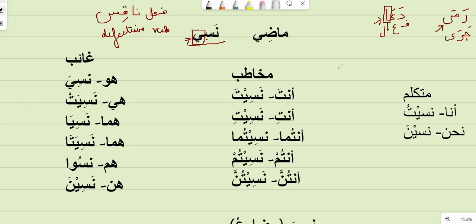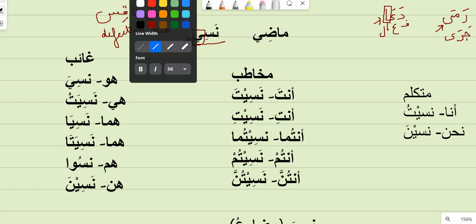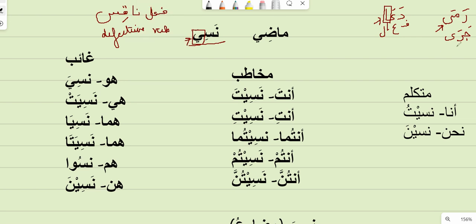But another point, if you have noticed, we did before the verbs rama, jara. What was the haraka? Fatha, fatha, fatha. We followed one scale: fa'ala, with the fatha, fatha, fatha.